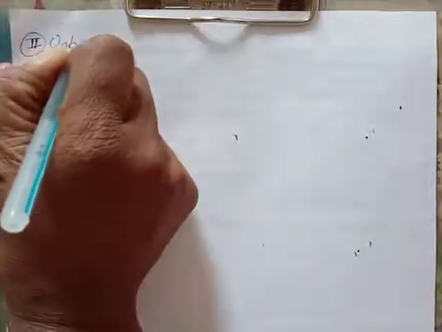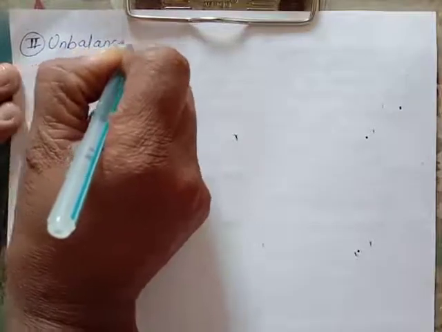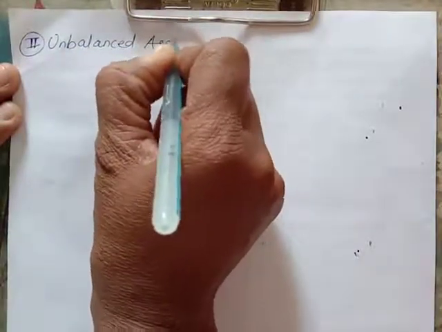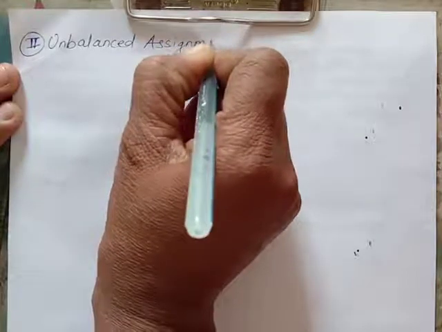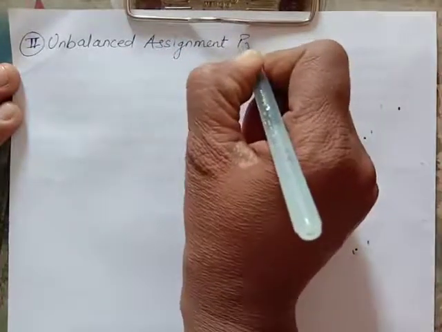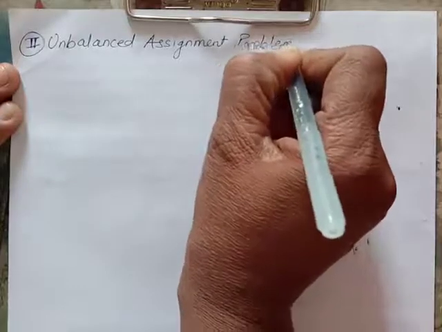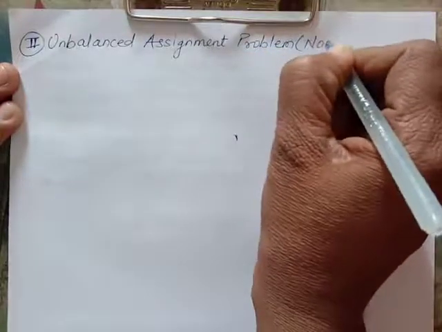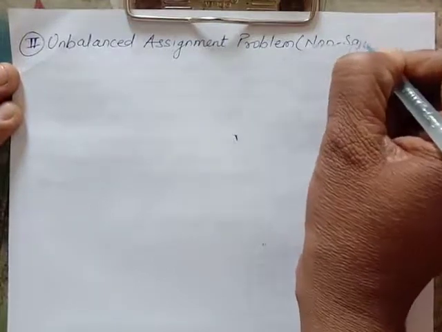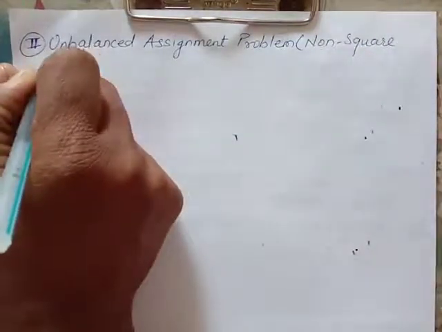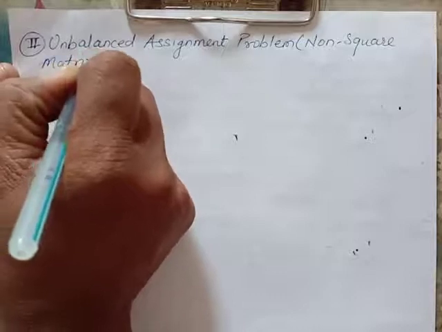Hello students, now in this video let's see the unbalanced assignment problem, or that is a non-square matrix. The second special case is this unbalanced assignment problem, known as a non-square matrix AP.